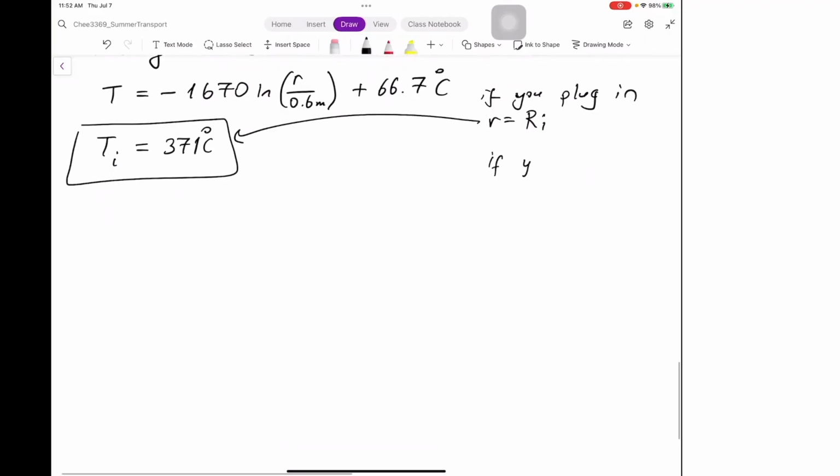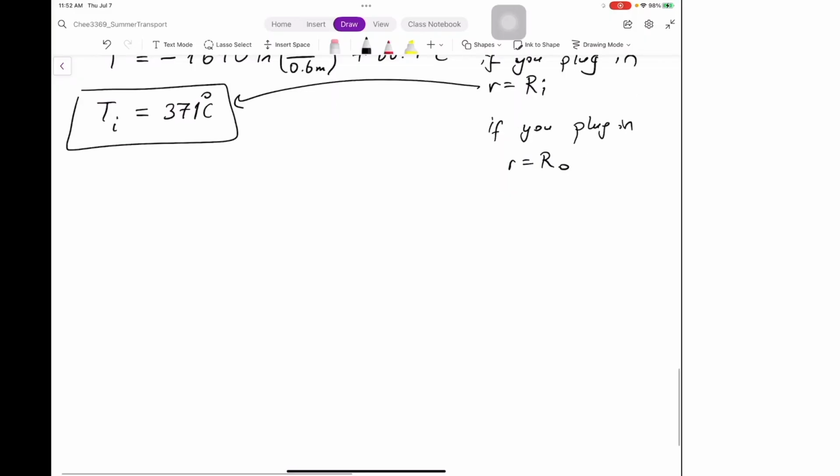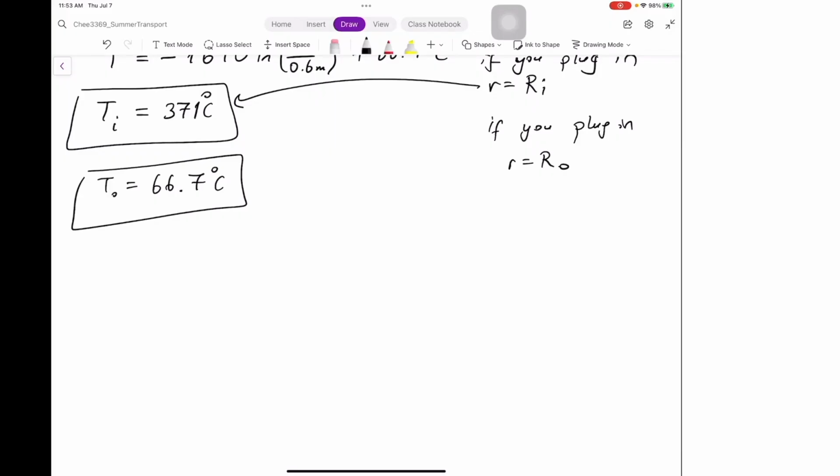And then if you plug in r is equal to R_out, you get T_out is equal to 66.7 degrees centigrade. Okay, so that's the solution.